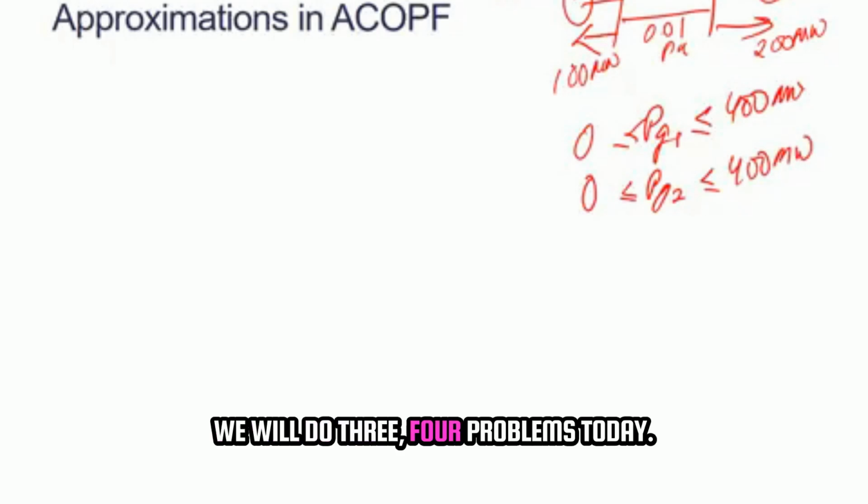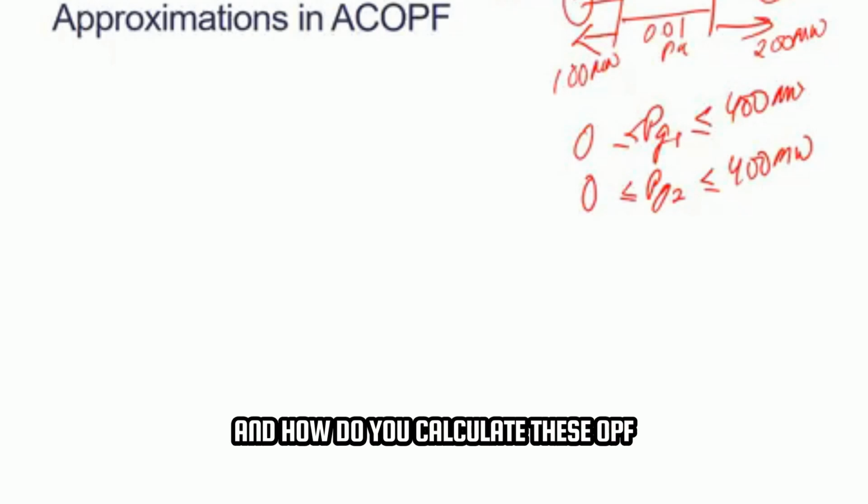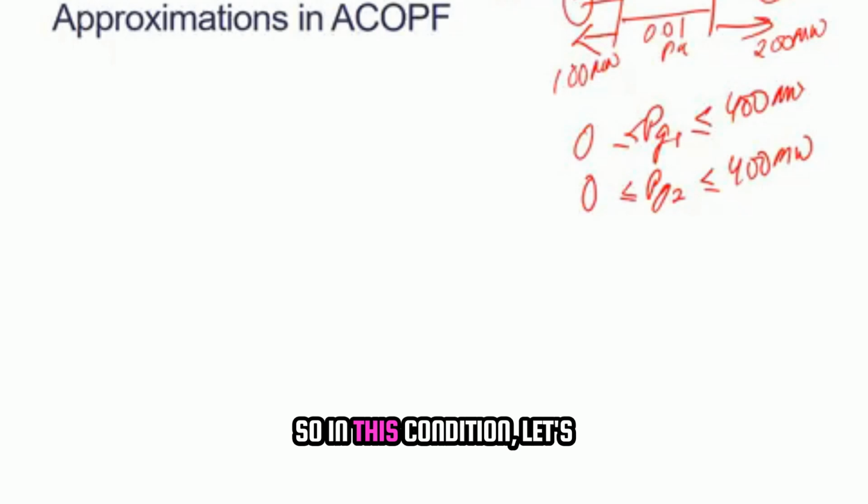We will do 3-4 problems today and let us try to understand the generation values and how you calculate these OPF without running optimization. You just need to apply your mind and visualize it, and you can solve this problem. So in this condition, I'll call it case 1.